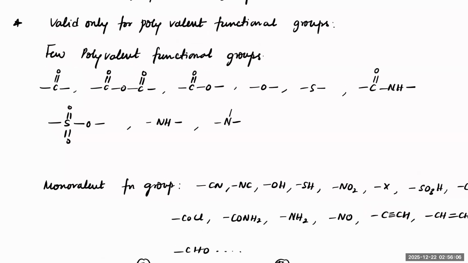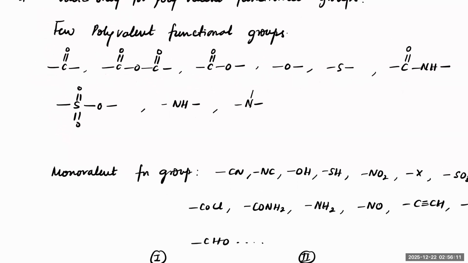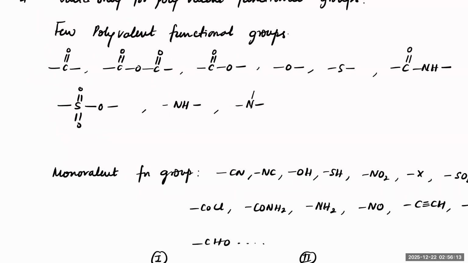Clear? So let me write down one by one. I would suggest all of you write down as well. Which are all the functional groups which give the possibilities for metamerism? First one, ketone. Next, anhydride. Next, ester. Next, ether. Then thioether.